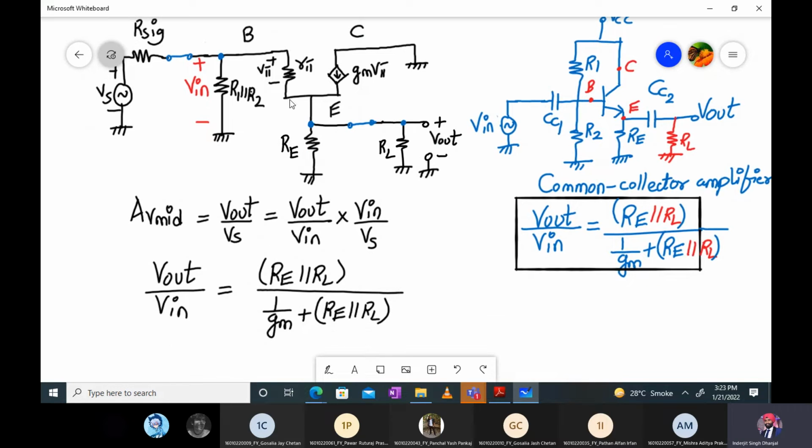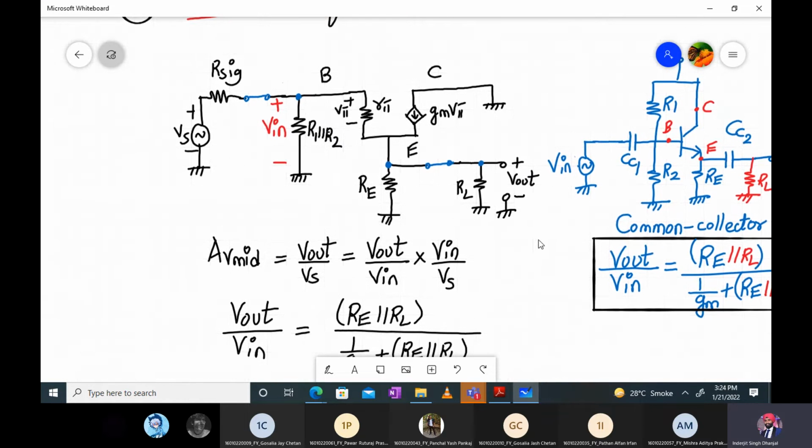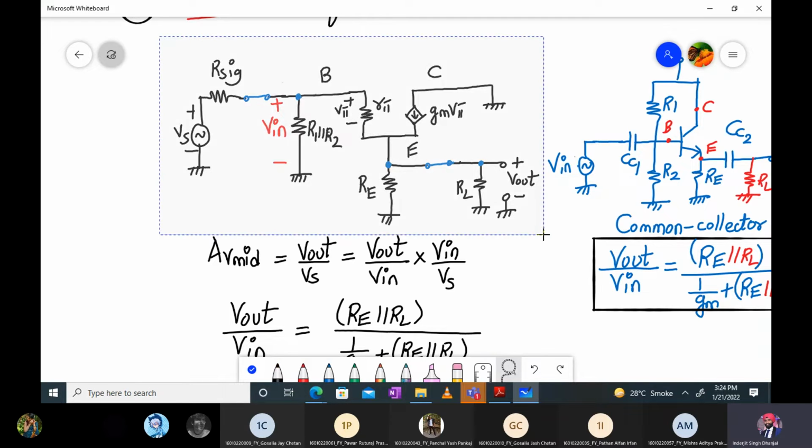Now what about V in upon Vs? For V in upon Vs, again we might have to bifurcate the part of the circuit. So let me do that. I will copy the circuit again. What are we calculating?